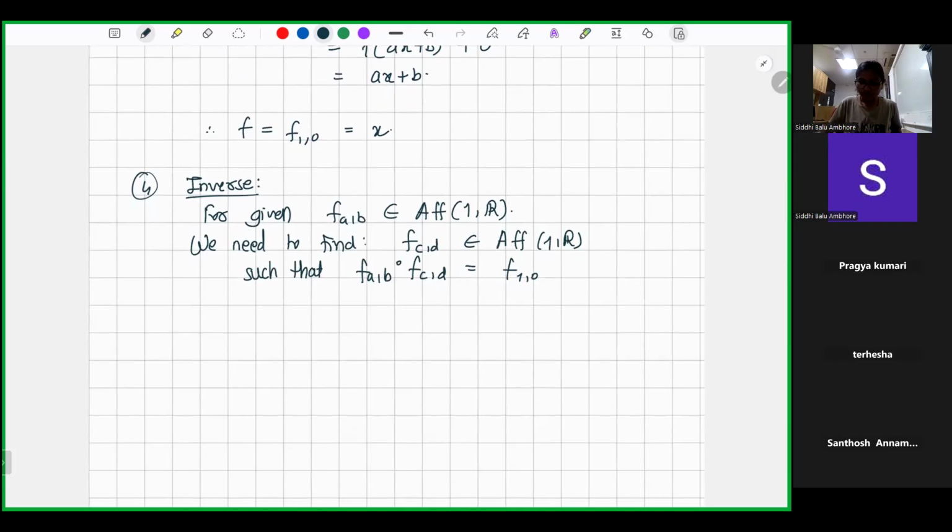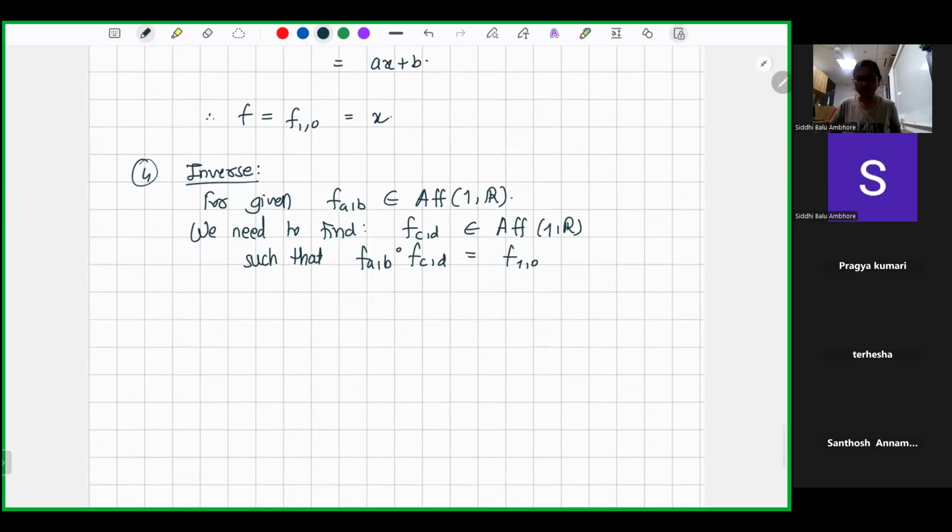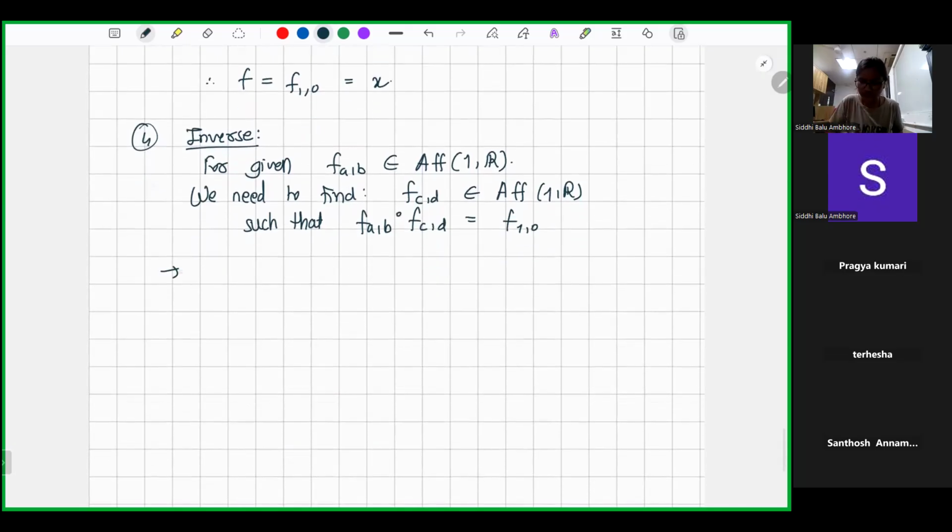Let us just calculate, as we did for the earlier case. We simplify f(a, b) of cx plus d. I want this to be equal to x.